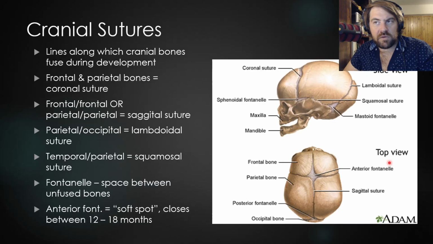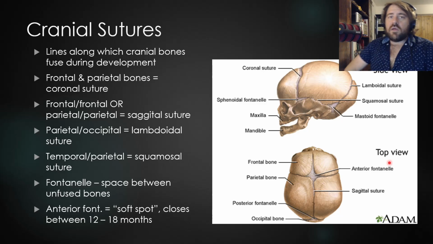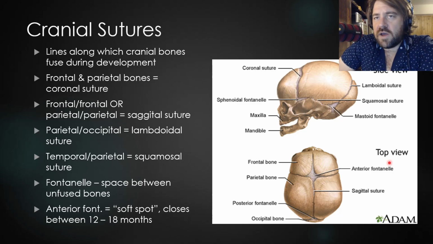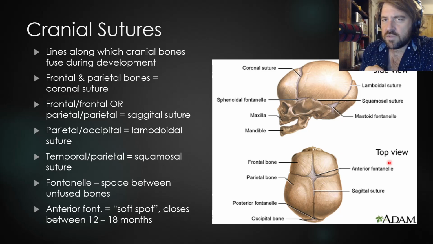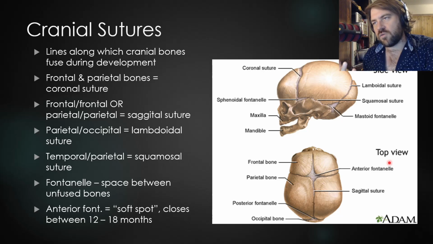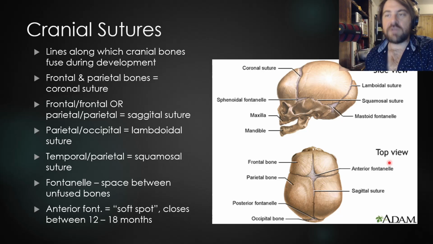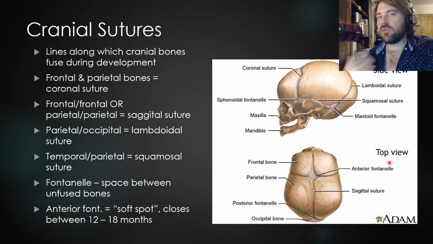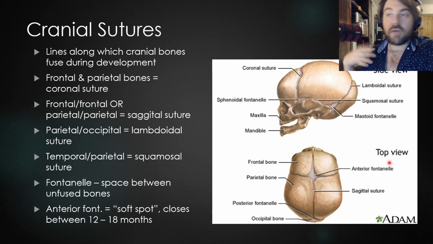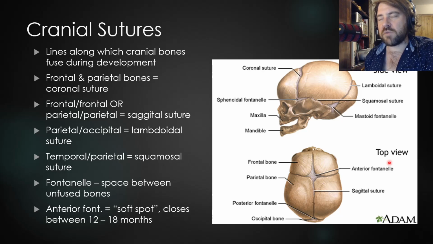Back to our sphenoid bone. Let's talk about cranial sutures. This is fun stuff too. So the cranial sutures are the lines where the cranial bones have fused, and in young children, these are not fused yet. So if you know about the soft spots, there's actually a couple different soft spots.